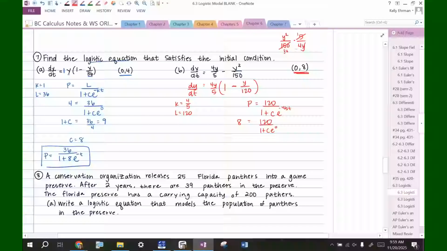Same steps I did before. Let's multiply 1 plus C over here. Do 120 divided by 8. So let's see, 8 goes into 12 once. You're left with 4. 8 goes into 40 5 times. So C is 14. And P is equal to 120 over 1 plus 14 e to the negative 4/5 t.